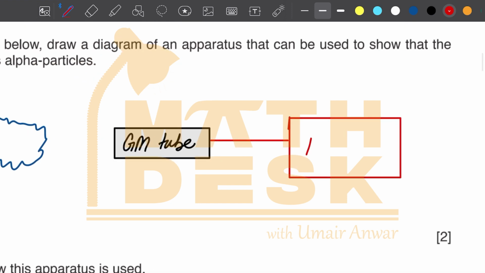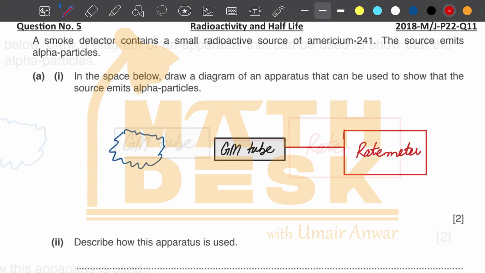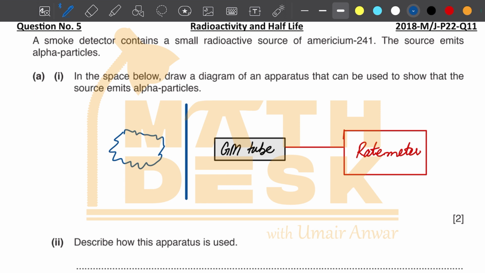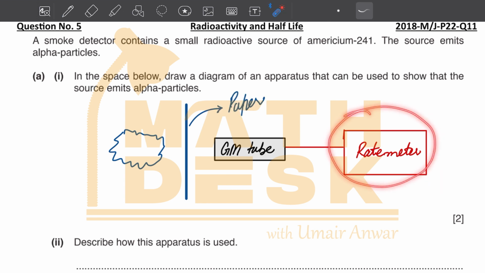So this is the rate meter which shows radiations received by the GM tube. When we place an absorber like a sheet of paper in between the source and the GM tube, the count rate on the rate meter decreases, and it decreases to the value of background radiation which was noted before.